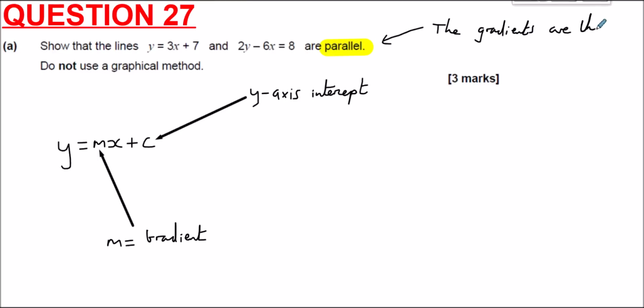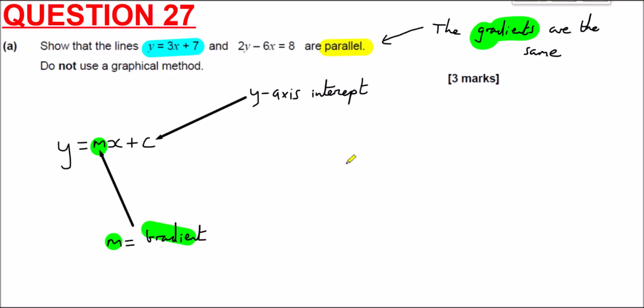So if two lines are parallel, the gradients are the same, and we've just mentioned that when a graph is written in this form, the number in front of the x tells us what the gradient is. And so what we can do here is just rearrange both of these lines to this form and see what the numbers in front of the x's are.